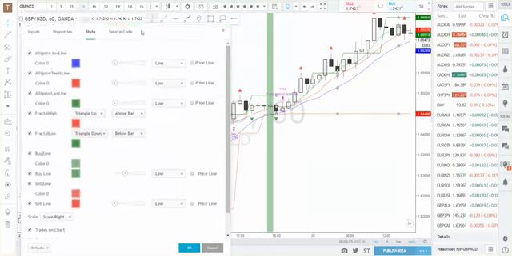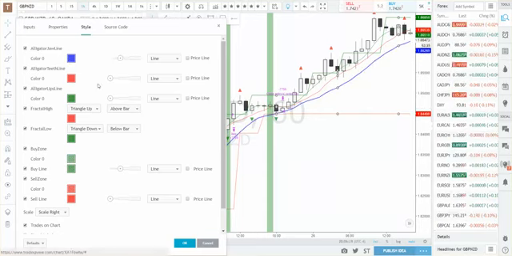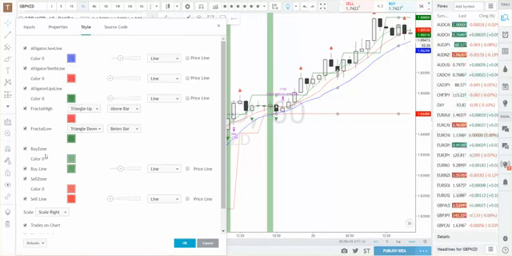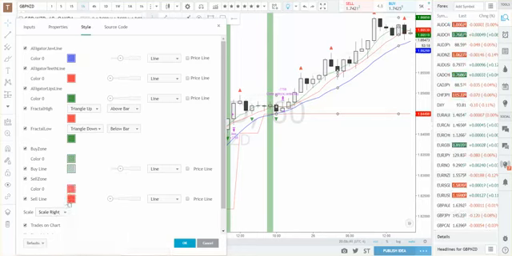Style, I think style is important because what you can do here is uncheck any of the moving averages individually. You can make the moving averages thicker. You can change the transparency of the moving averages, and you can do that on all the other indicators that are displayed on the plot. Some people may find this a little too busy, so they may want to reduce the transparency on the buy line and on the sell line.